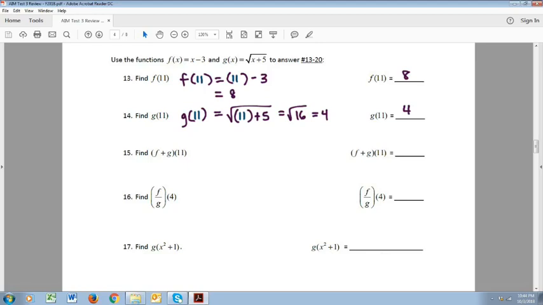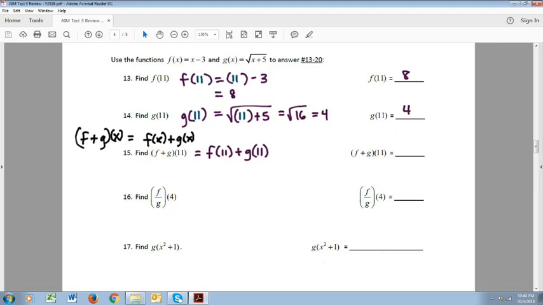Now (f plus g) of 11, we learned, means f of 11 plus g of 11. And in fact, in general, we know (f plus g) of x is equal to f of x plus g of x.